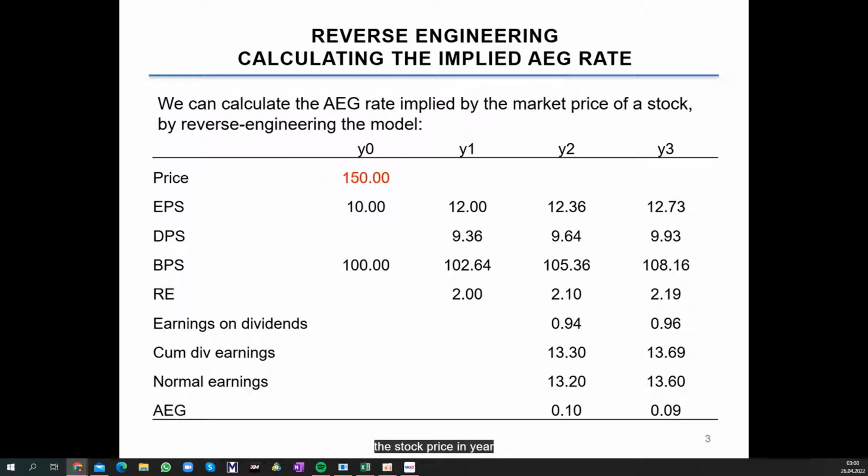The stock price in year 0 is given, and it is equal to 150. Abnormal earnings growth is assumed to grow at a constant rate g from year 3 onwards, and this g is our unknown.